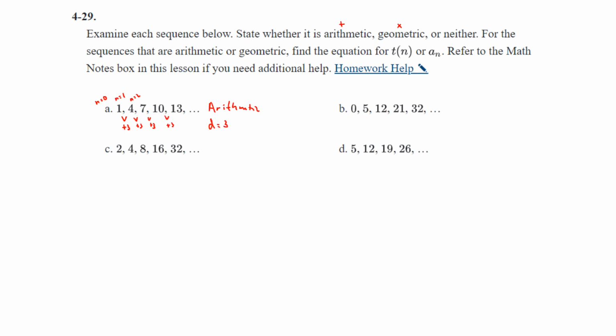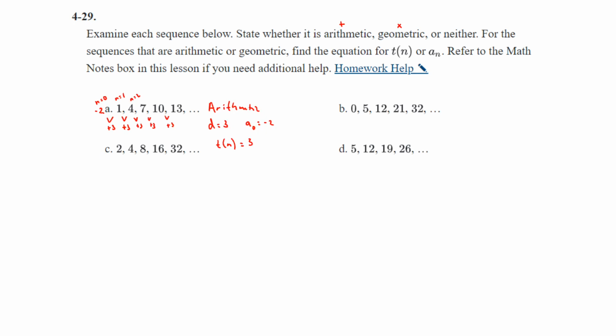So we actually have to work backwards from 1, and that would be -2, since -2 plus 3 is 1. So a sub 0, the 0 term, is -2. That gives us enough information to write the equation. T of n is equal to, the common difference is 3, so that's repeated addition.